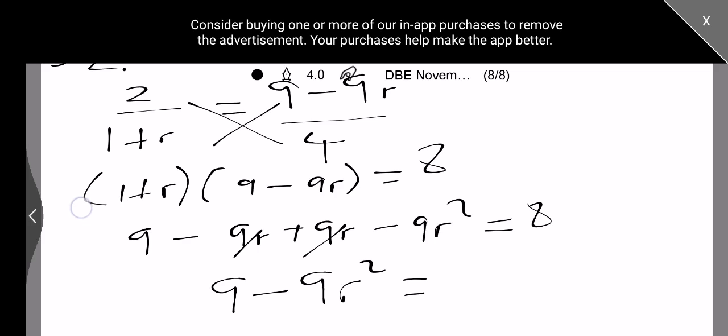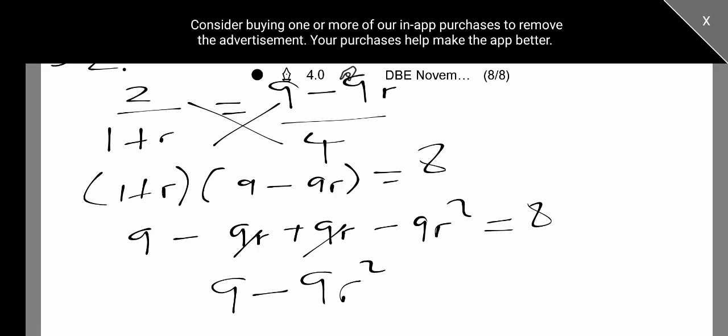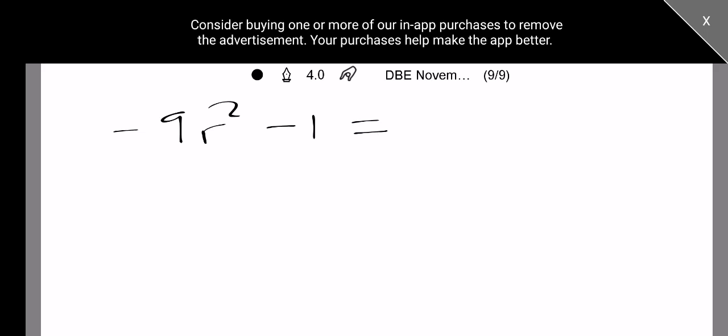Let's take 8 to this side: minus 8 equals 0. So 9 minus 8 is 1. That means we're going to have negative 9r squared plus 1 equals 0.